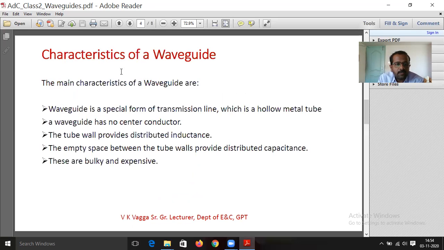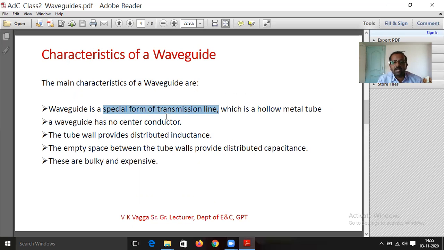If you take the characteristics of the waveguide, the waveguide is a special form of transmission line, so it also acts as a transmission line. In this case, the microwave signals are transmitted from one end of the tube to the other end by reflecting from the inner walls of the tube.